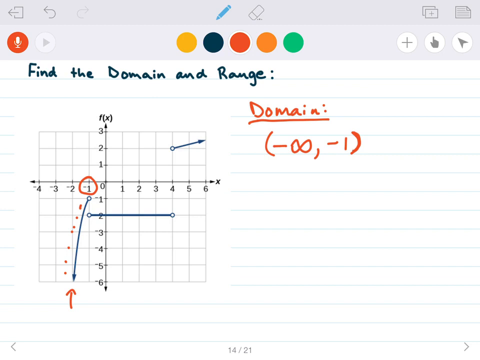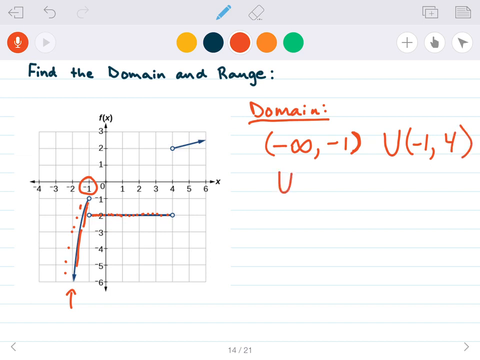Then we're going to union it. We're going to travel on the curve. This curve ends, but we can still travel from x equals -1 on this curve down here. So that goes from x equals -1 to x equals 4, and again, we're not including 4 because of that open dot.